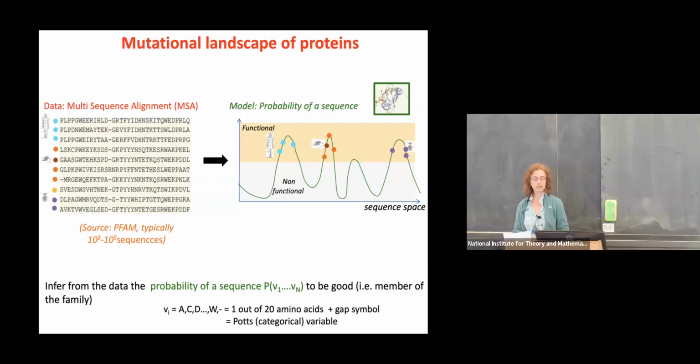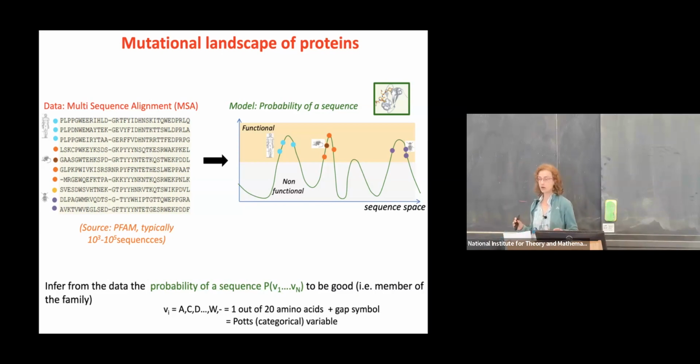So this is just the probability that a sequence be a good sequence for this protein, so it's a member of this family.